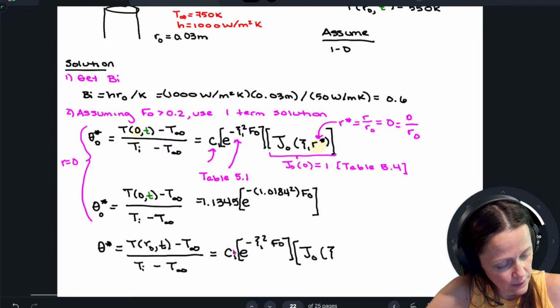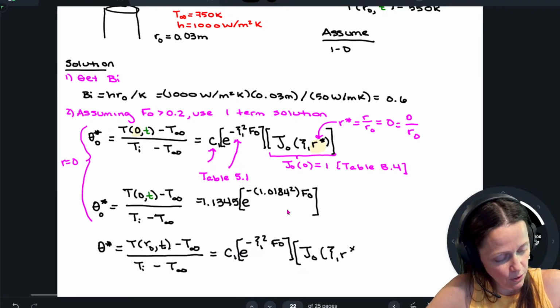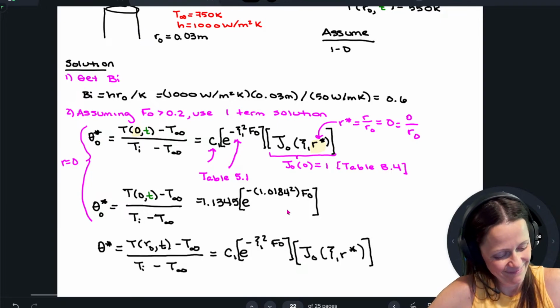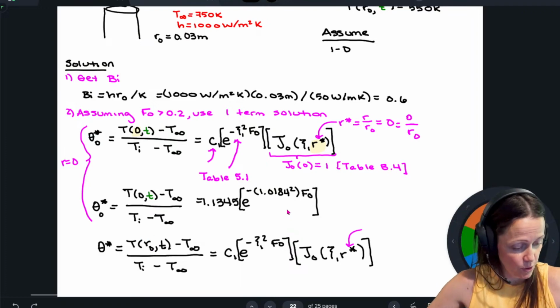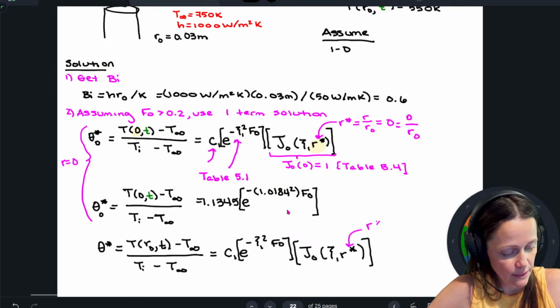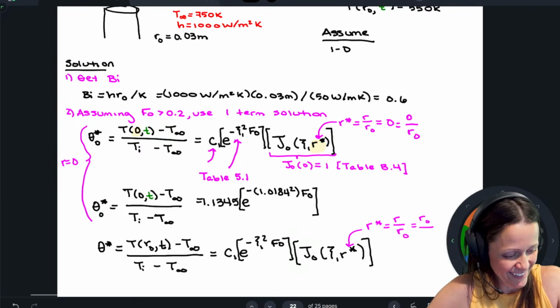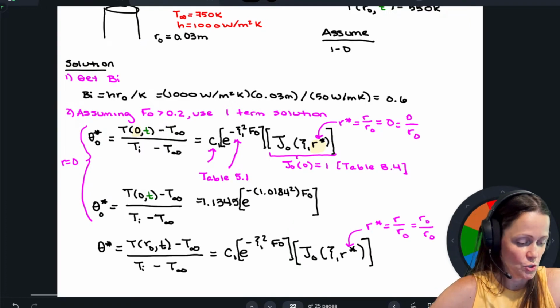We're inputting zeta 1 times our r star. But this time, because we're looking at r naught and we're defining things at r naught, this becomes, so it's defined as r over r naught, but we are looking at r naught over r naught, so it's just 1.